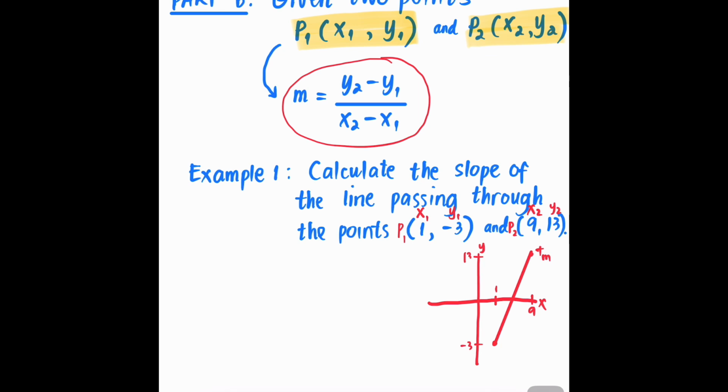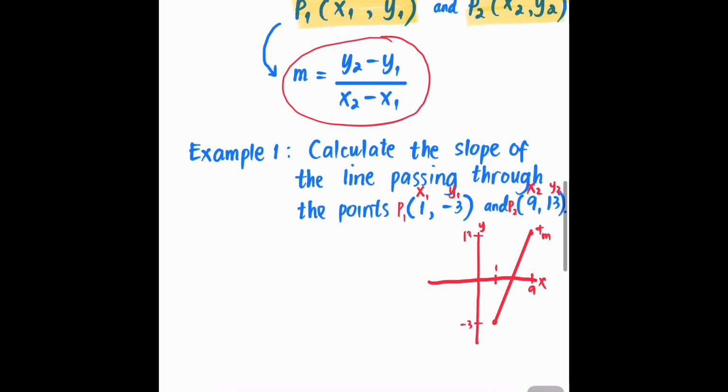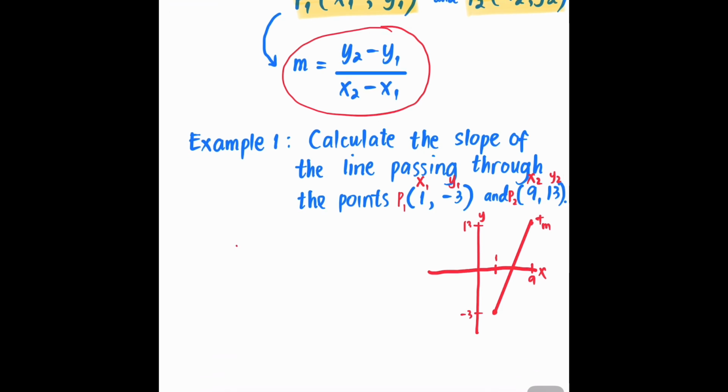But just remember to label so that when you plug in the values to the formula, you won't mess it up. Okay, so let's proceed. The formula is y sub 2 minus y sub 1 over x sub 2 minus x sub 1. So we have m equals y sub 2 minus y sub 1 over x sub 2 minus x sub 1. Let me just write down the formula, and then I will carry on with substitution.